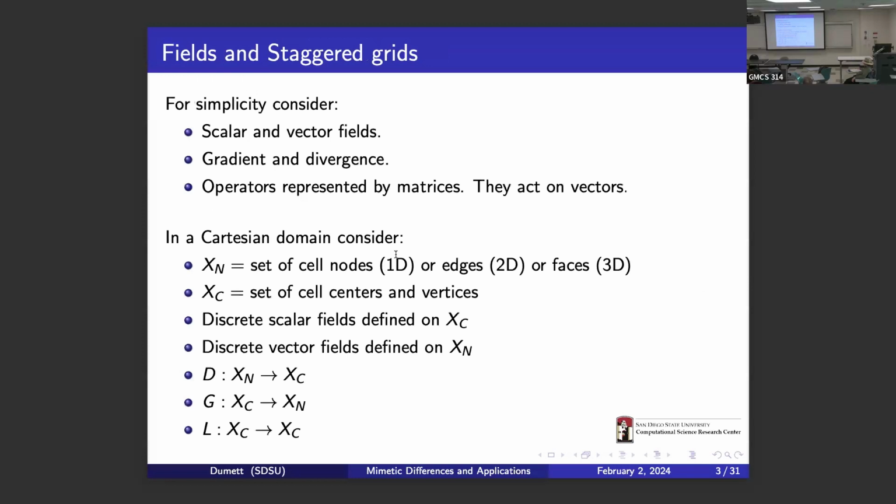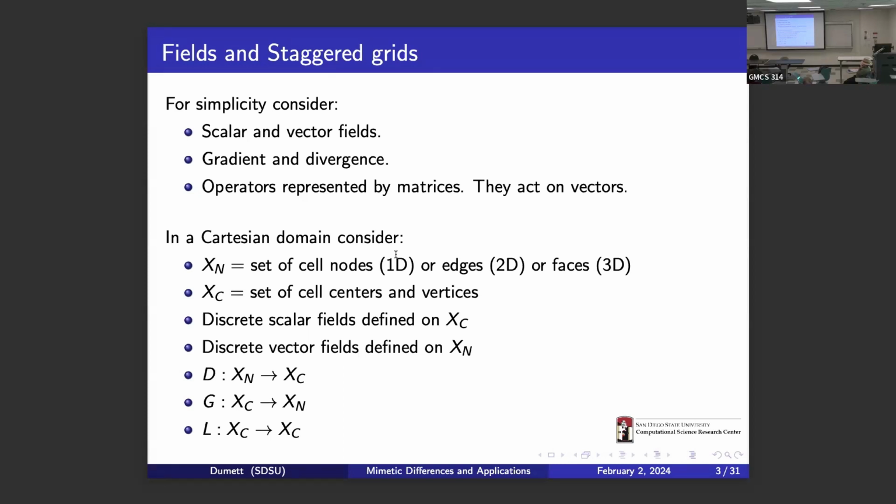Okay, so for simplicity, in that context, I am still talking in the abstract, and I will consider scalar and vector fields. I say simplicity because, as you will see later, we could be in the context of vector calculus, tensor calculus, or exterior calculus.